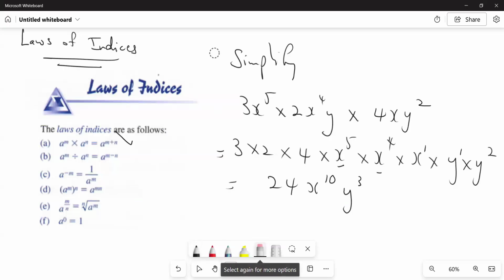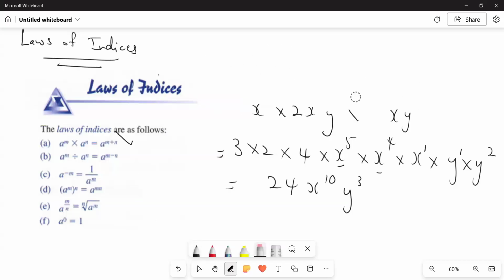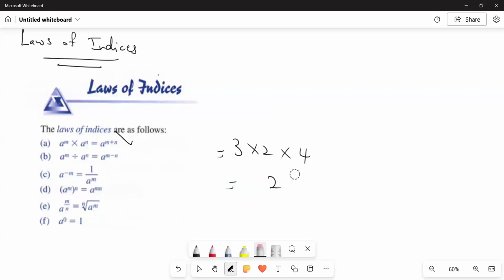I'll leave it here and I'll remove this, and put another one right alongside here. Maybe one that deals with division.